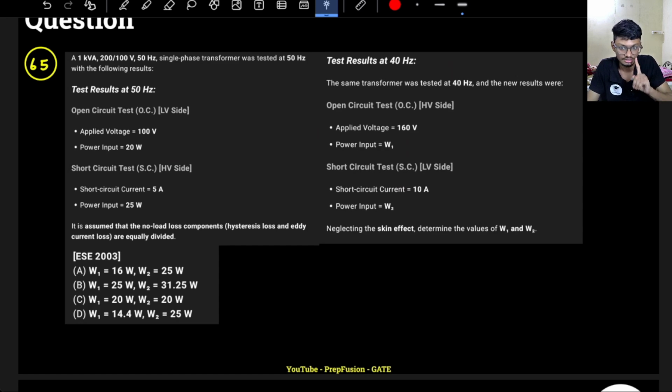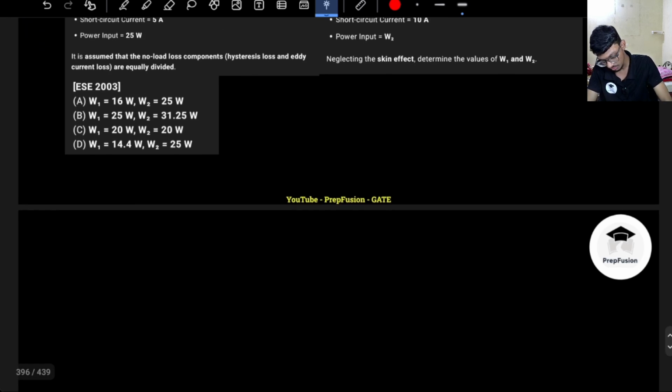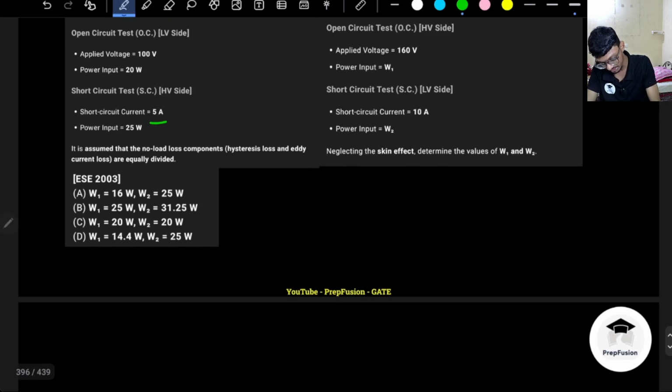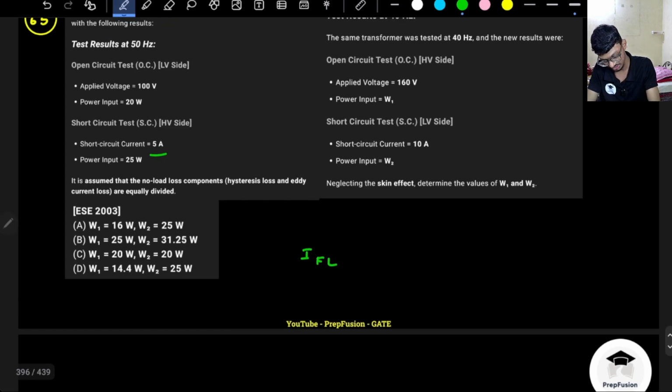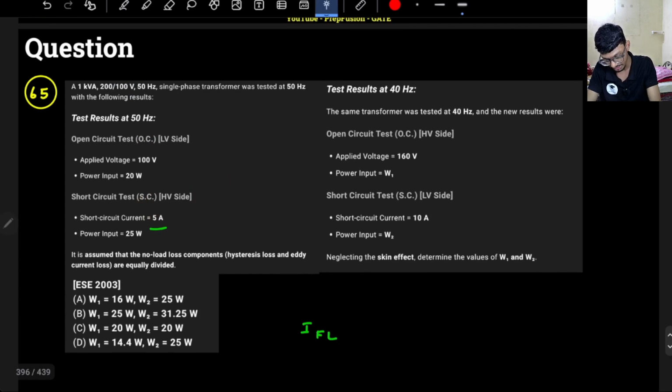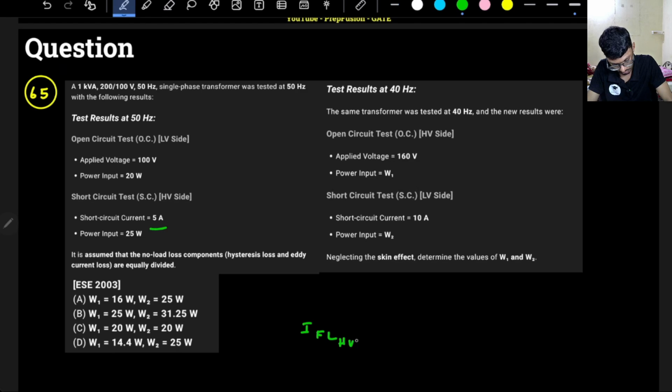So let's first discuss the short circuit current. Here the short circuit current is 5 amperes. So what is my full load current? This is performed in the high voltage side. In the high voltage side, what is the full load current?